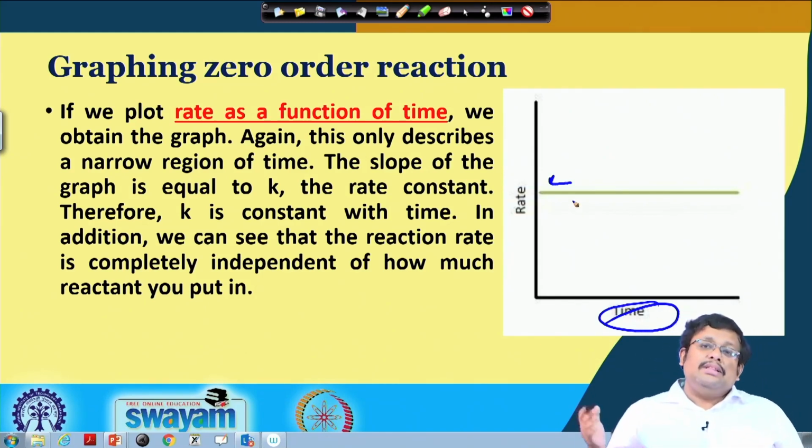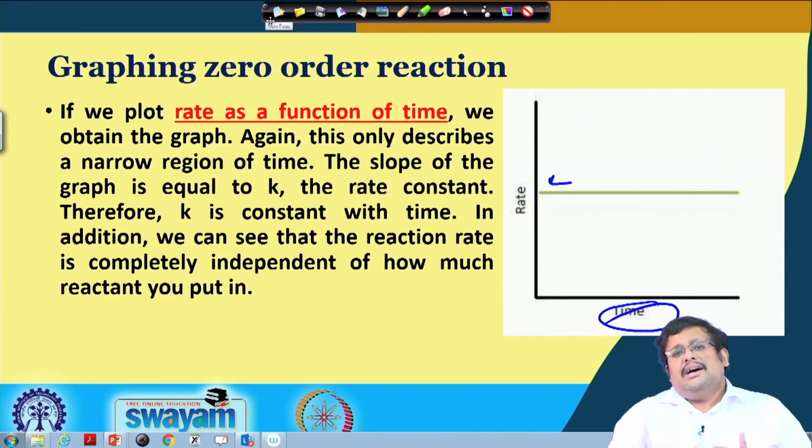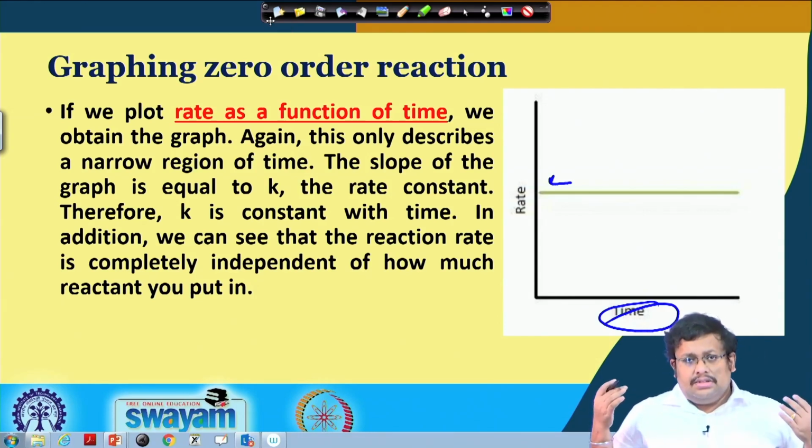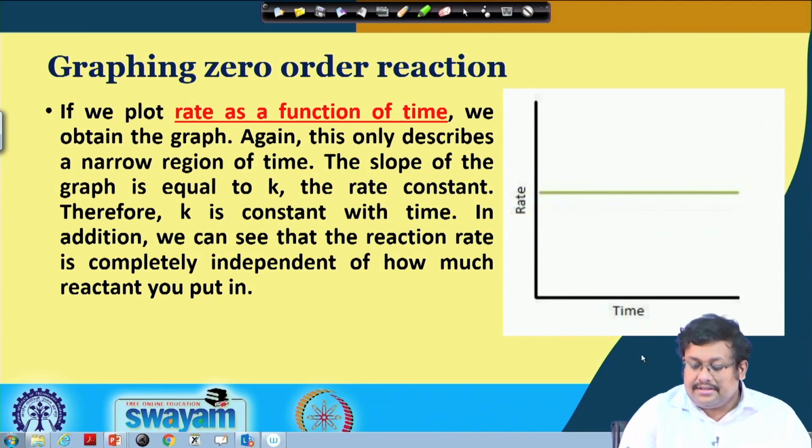It does not matter how much of different reactants you put in, the rate will be constant. This is the zero order reaction. Now, you can see the differences between zero order reaction, first order reaction and second order reaction.